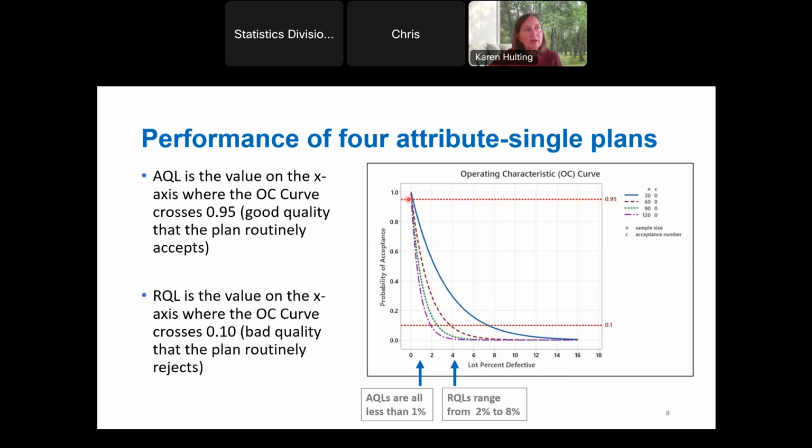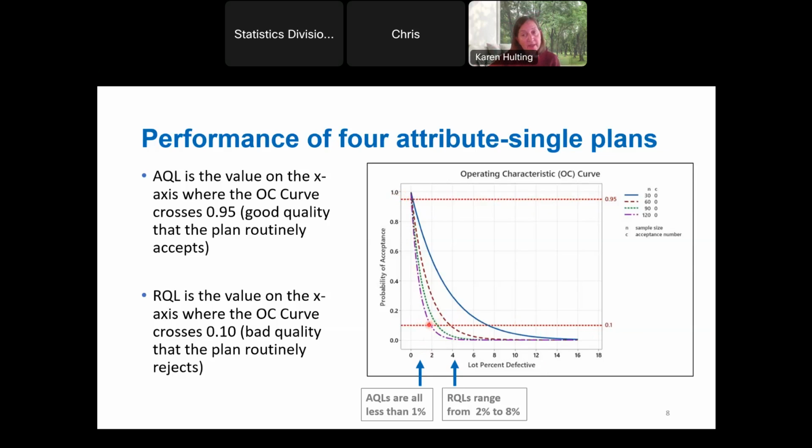But we draw our line across here at 95%, and so you almost can't see any difference between the AQLs, but they're sitting right around 1% for all of these acceptance sampling plans that I'm illustrating on this slide. The AQL is the point where the OC curve has gotten down to 95%. We just run that down to this axis and we see it's about 1%.